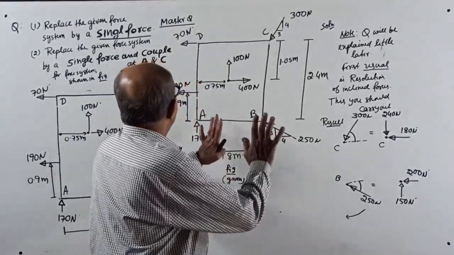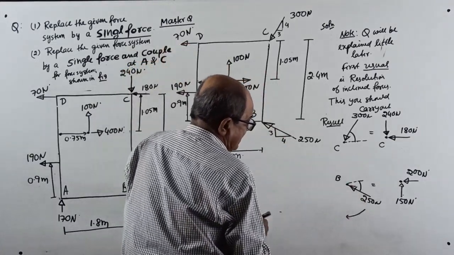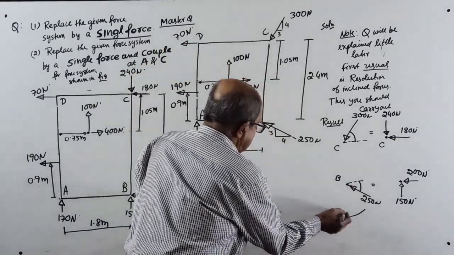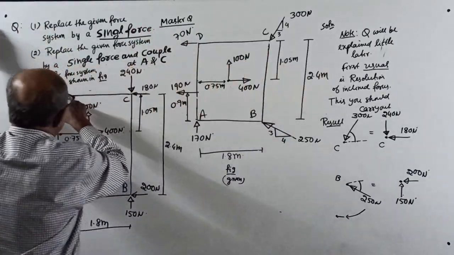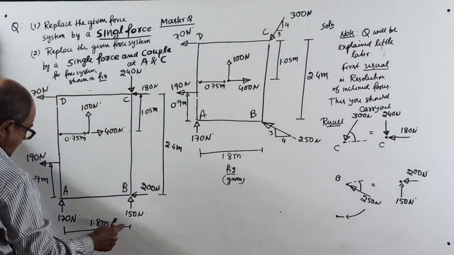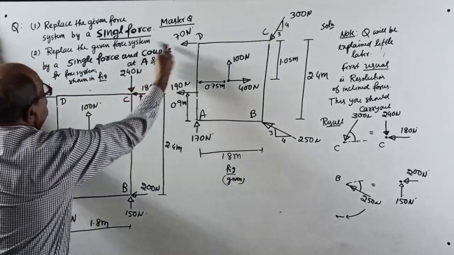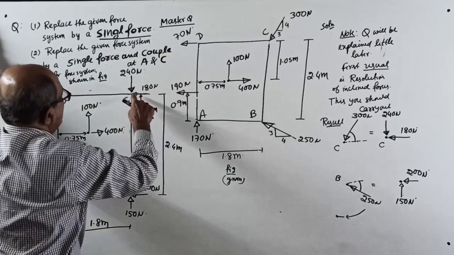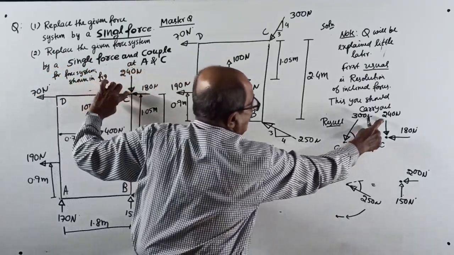Okay, now next, see what to do. Write a note here: resolution over, right here. Then, without bothering about the question, I will explain later. Draw one more sketch neatly. See, 1.8 meter, 1.8 meter, 2.4 meter, 70 Newton at D this side. 300 at C is replaced by 240 and 180.